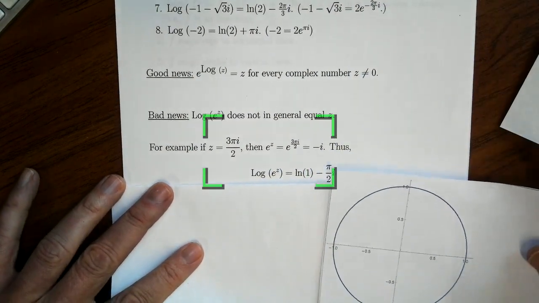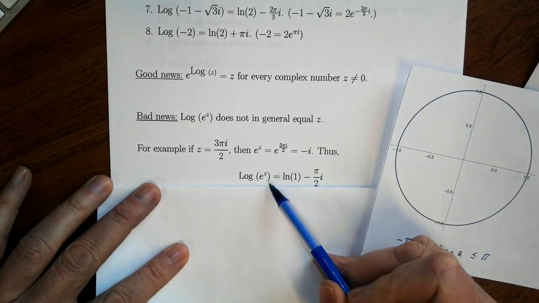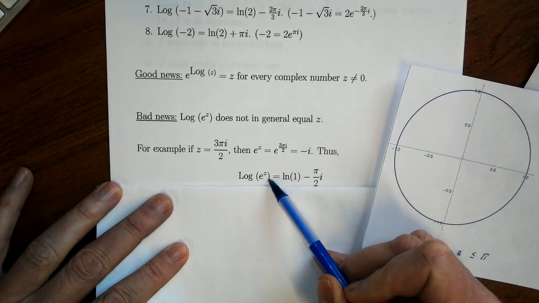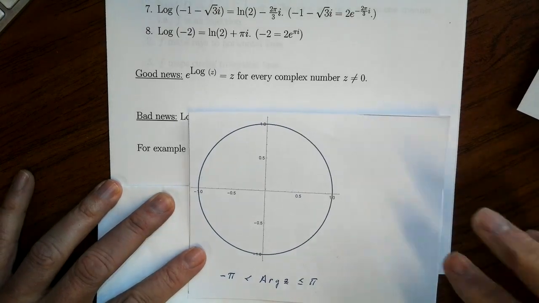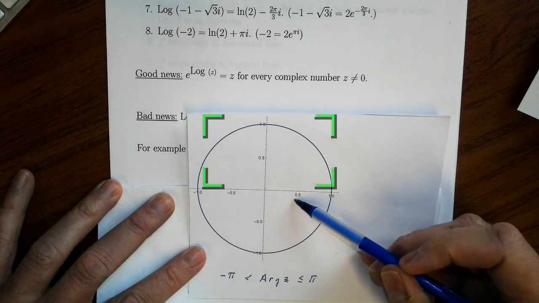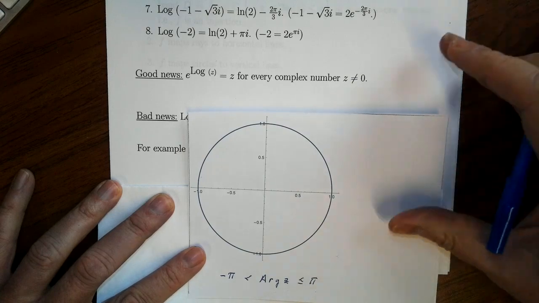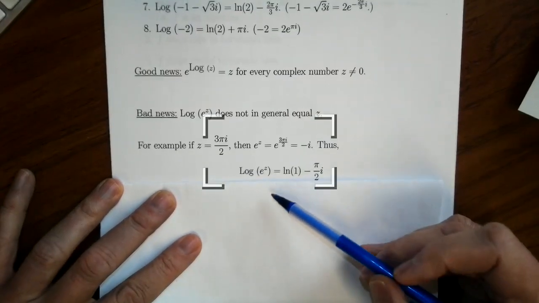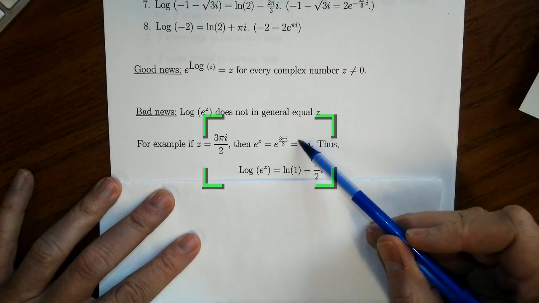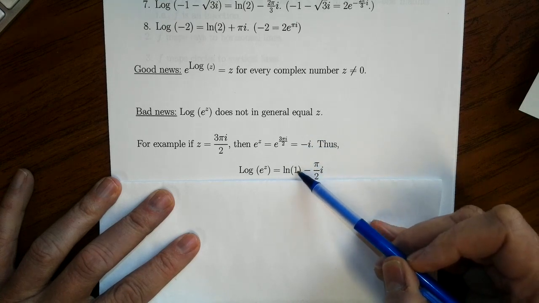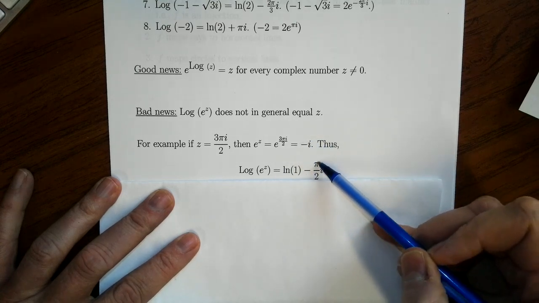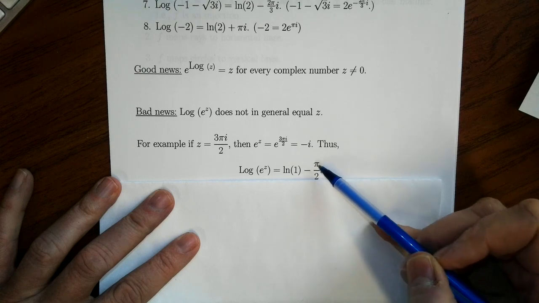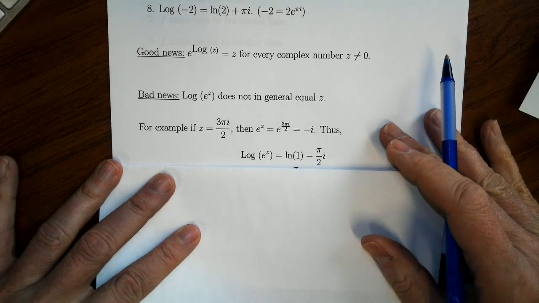Now, if we take the log of e to the z, the log of negative i, the principal argument of negative i is down here. Its principal argument is minus pi over 2. So we'd have the natural log of the modulus of minus i, which is 1, because this has length 1. And then we'd have minus pi over 2 i, because minus pi over 2 is the principal argument.